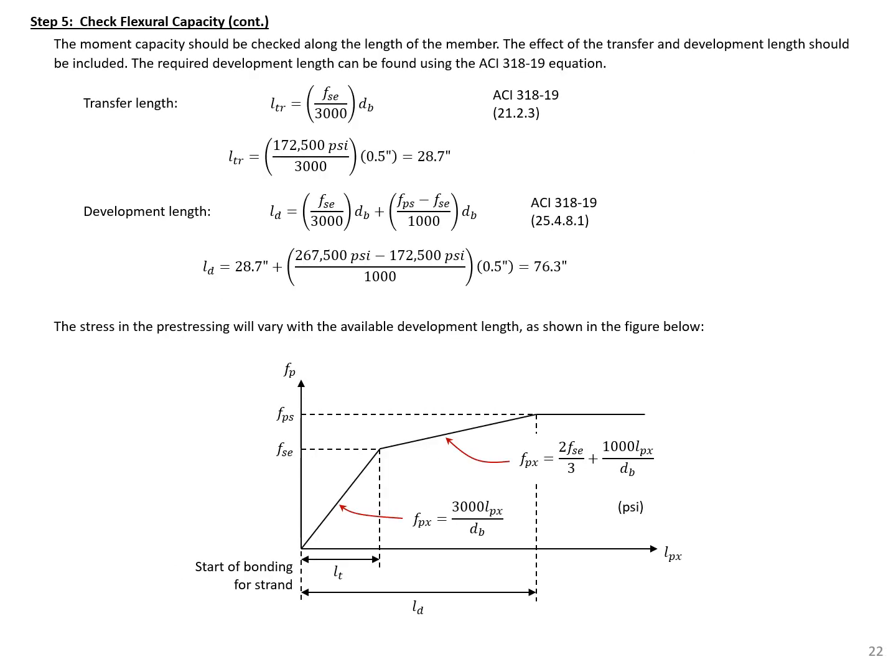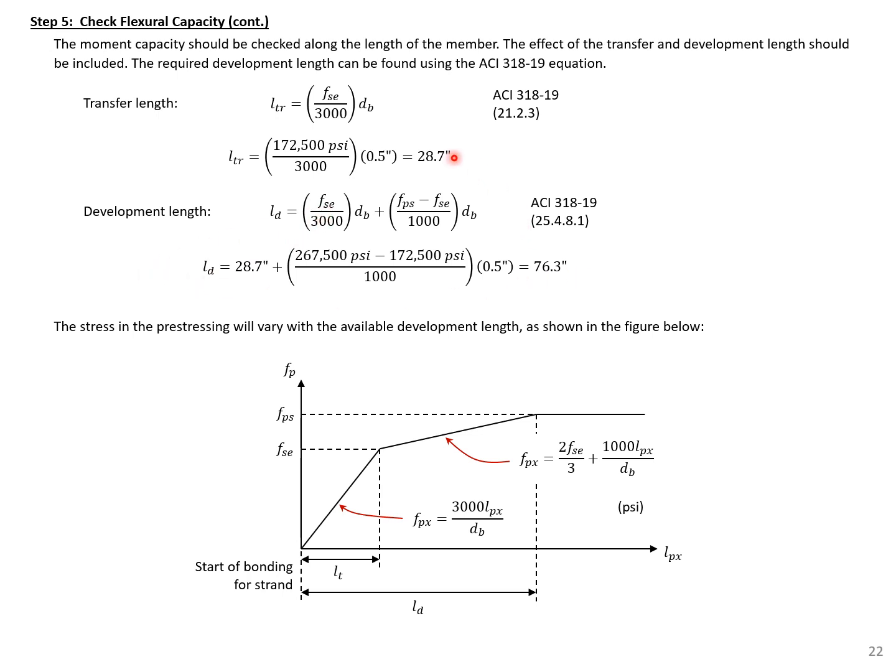We need to check the flexural capacity along the length of the beam, and to do this we'll need to calculate our transfer length and our development length. These are the required lengths to be able to transfer the effective pre-stress into the strand and develop the ultimate stress in the pre-stressing in the strand.